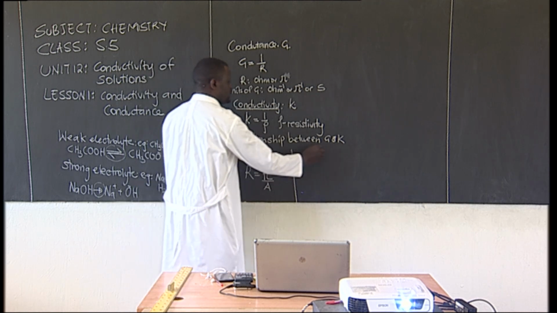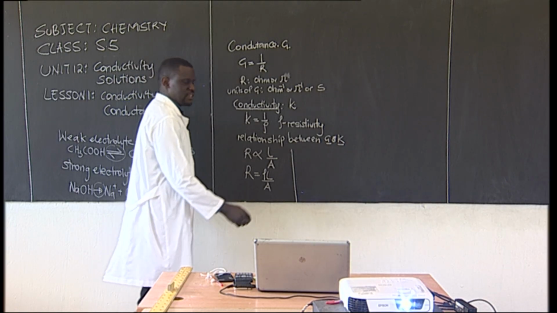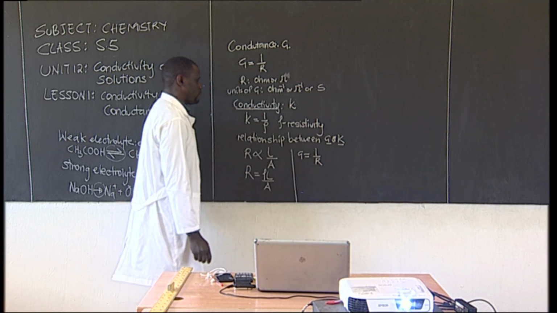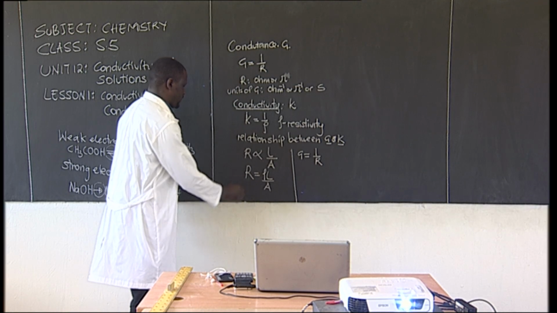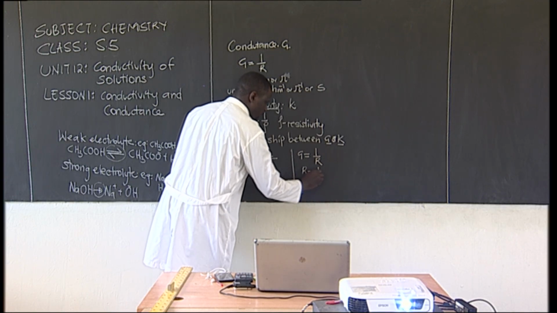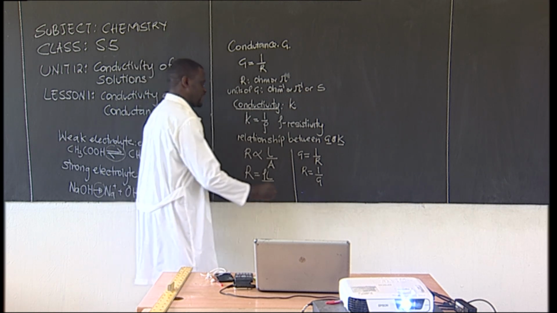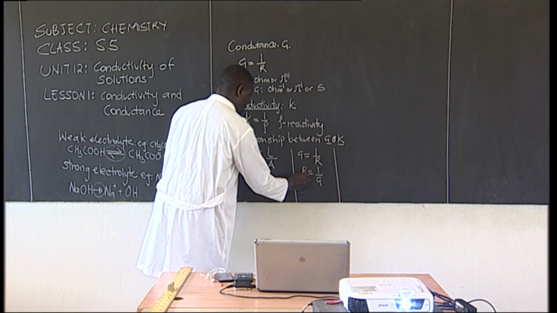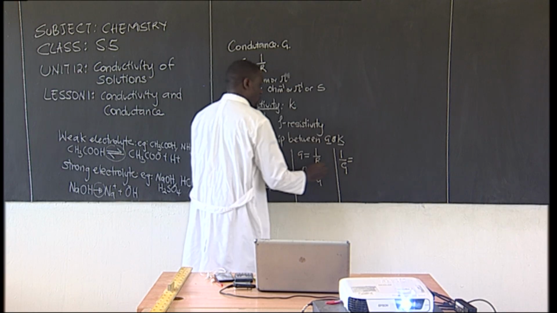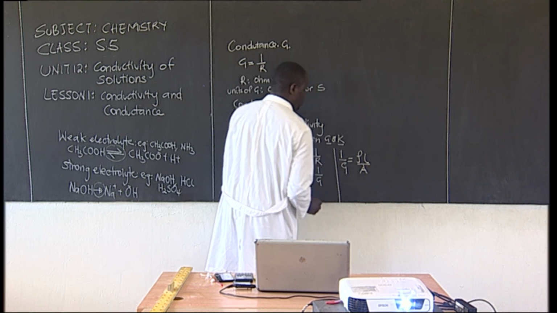But remember, I want to look at this relationship between G and K. Remember we said that our G is equal to 1 over R. So our R can equal 1 over G. Replacing this R with 1 over G, we say 1 over G will equal resistivity times L over A.